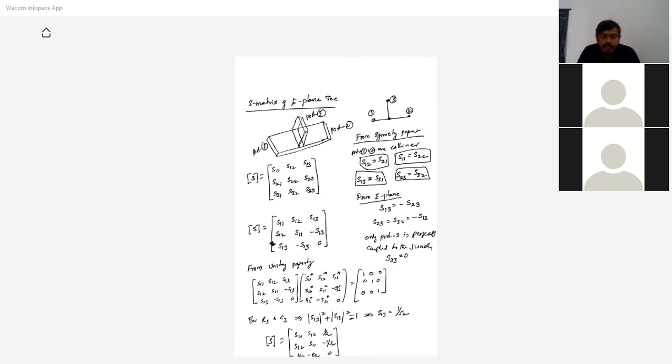You take R1, C3. This is 1 by root 2. Writing here: S11, S12, 1 by root 2, S12, S11 minus 1 by root 2, 1 by root 2 minus 1 by root 2, 0.